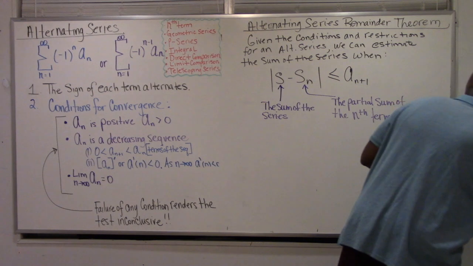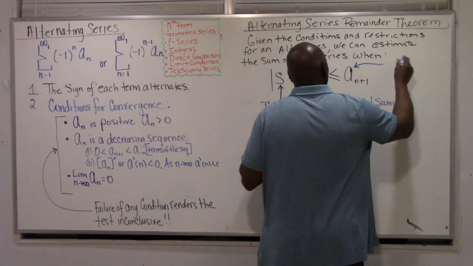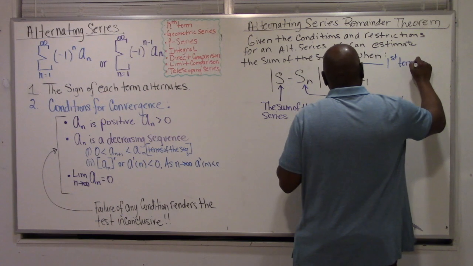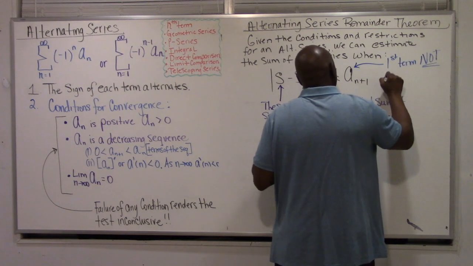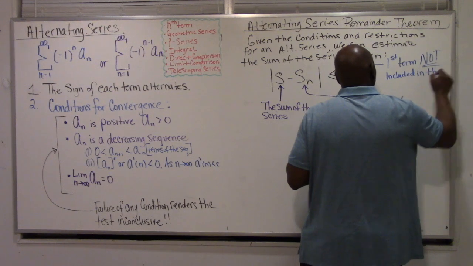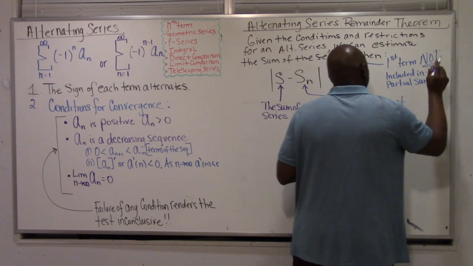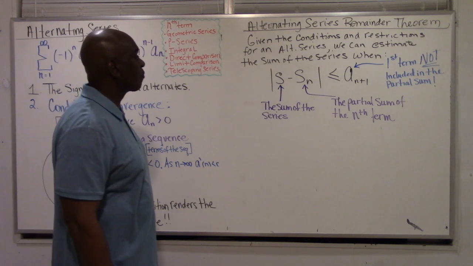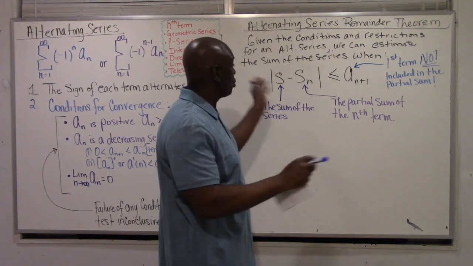And a sub n plus 1 right here, I want to call this the first term that is not included in the partial sum. Okay? This is the alternating series remainder theorem, which is used for alternating series.